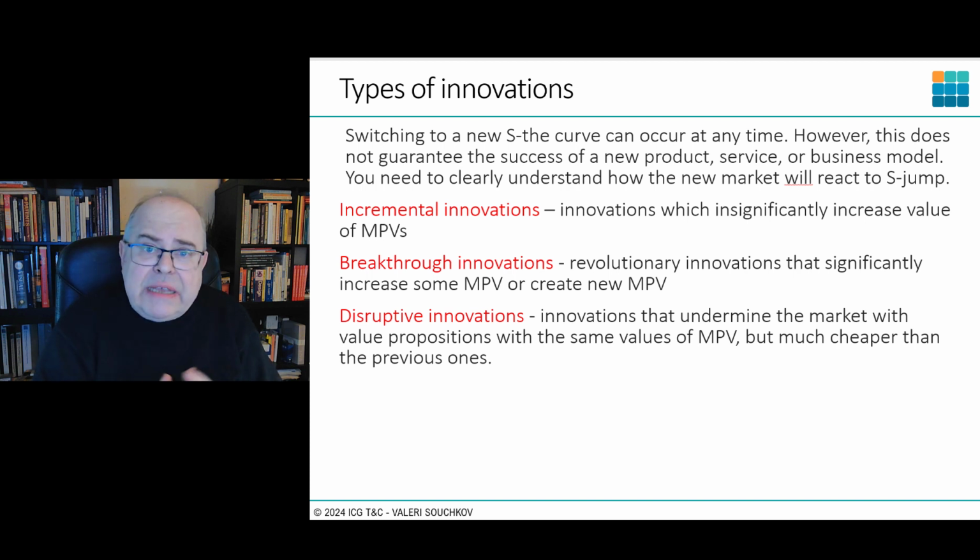Later, in the 70s and 80s, the emergence of microchips, of transistors, and so on, helped to create much cheaper computers with the same performance, which became affordable to another, much bigger market. It's clear that the product was new, while performance of the product remained the same as before. However, the market was undermined.